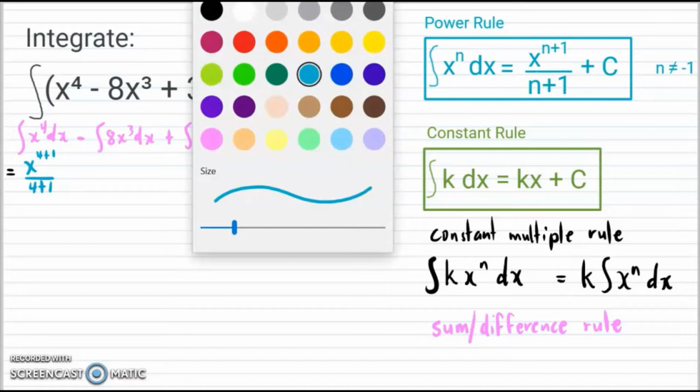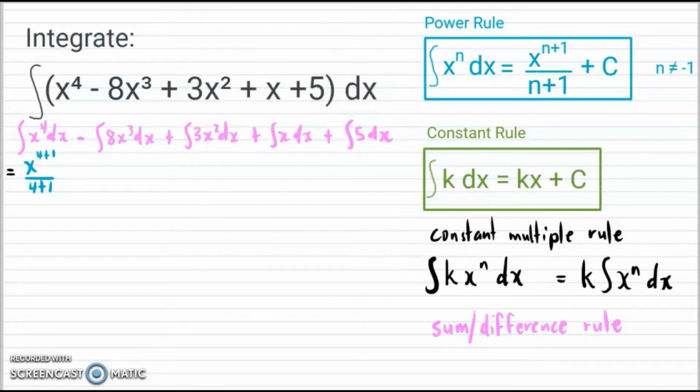We apply the constant multiple. So this is minus 8 integral x cubed dx plus, same as this third one, factor out the 3, then integral x squared dx plus, for this next one, let's apply the power rule again.